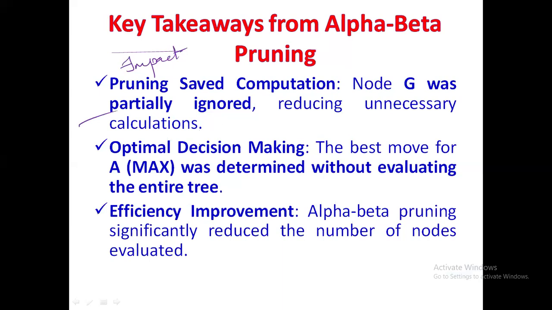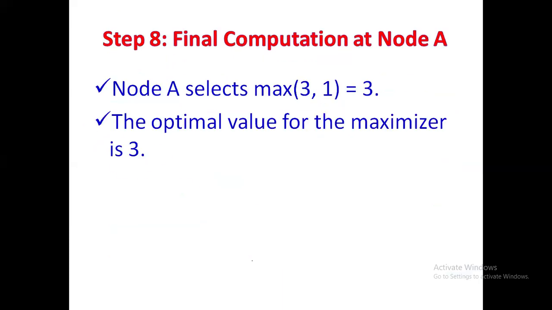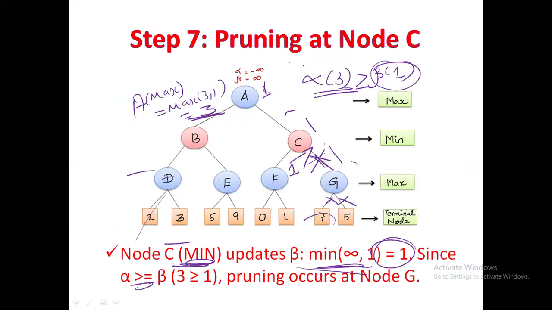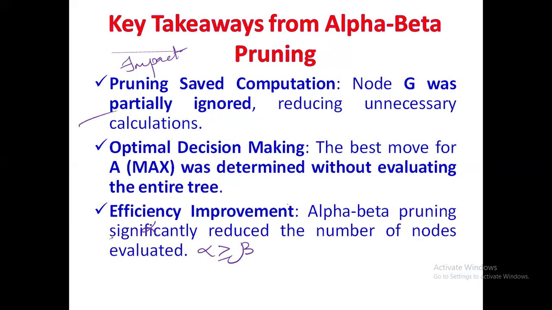Node G was ignored because the condition alpha is greater than or equal to beta was met at node C. This saved the algorithm from evaluating two extra terminal points, 7 and 5, reducing the overall computation time.